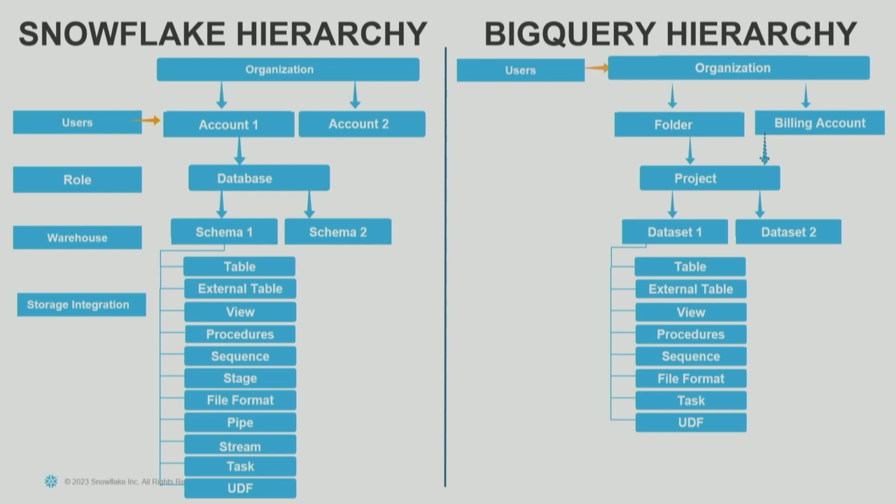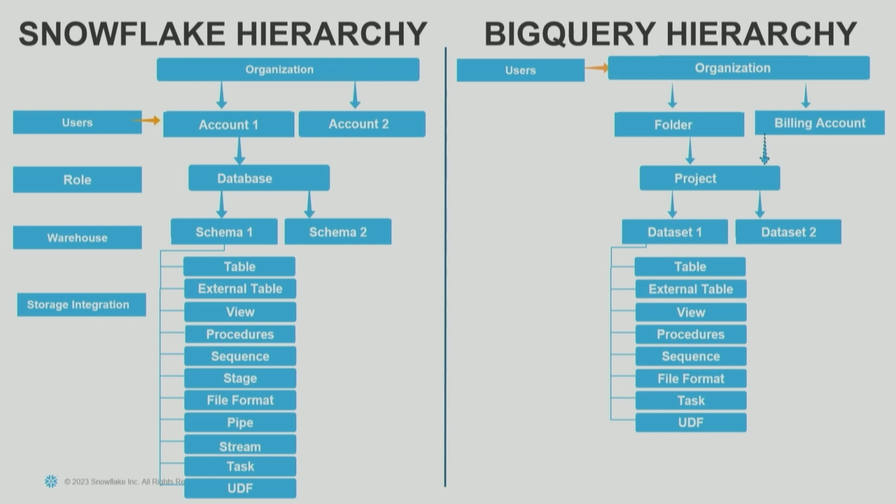Let's get into the Snowflake hierarchy, right? Again, the Snowflake hierarchy starts with an organization, but you have accounts in an organization. You can have multiple accounts in an organization. Think of an account as a container. So that account will have databases, and databases will have their own schemas, and schemas will have their own tables.